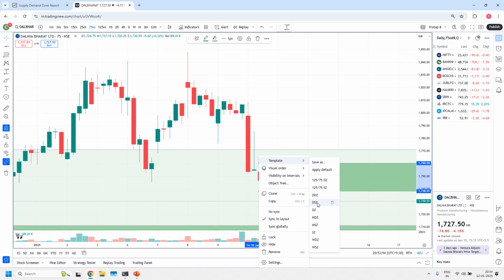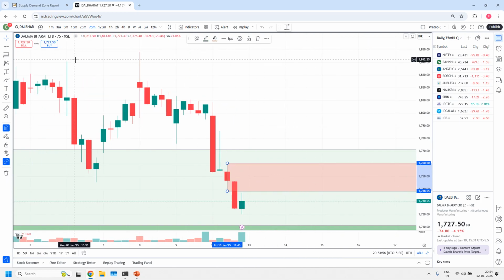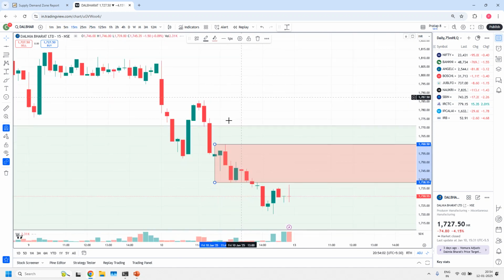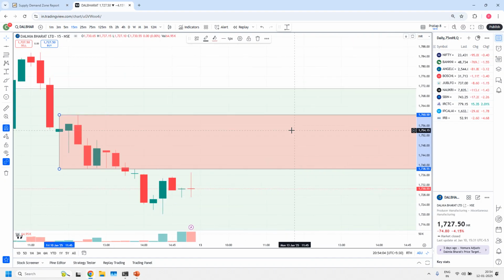So this is the 75-minute supply zone. Within this, we need to fine-tune with 15 minutes time frame. This is the 75-minute zone. On the 15 minutes time frame, there is no proper structure here.